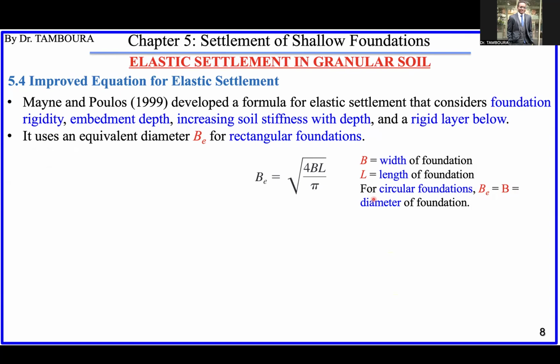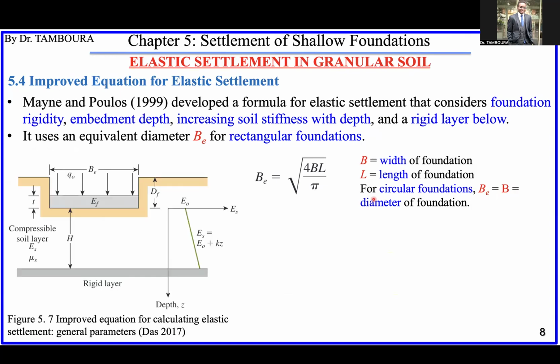Okay, so here is an example. You can see we have a footing here. This footing, you can see EF. EF is the modulus of the footing itself. Is it a rigid footing? Is it a flexible footing? The E of the footing will tell us. The modulus of elasticity of the footing can tell us.